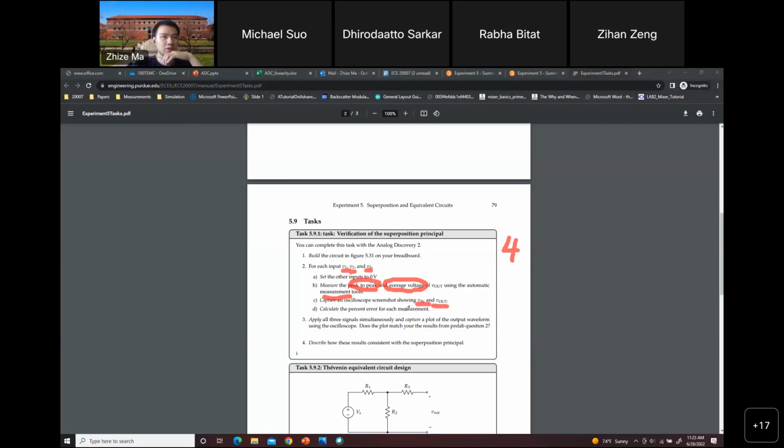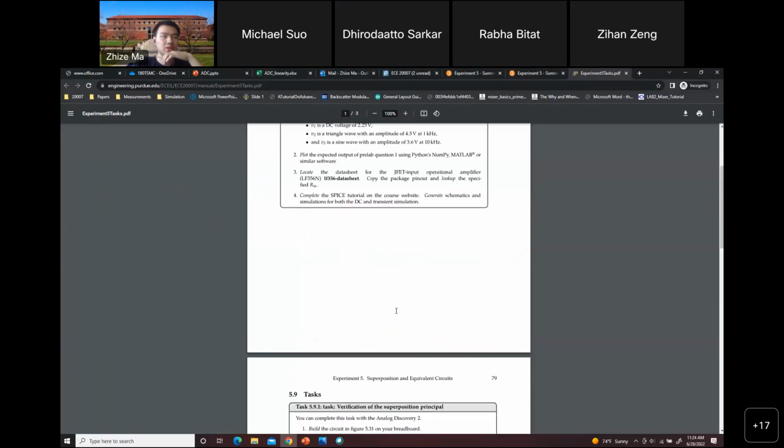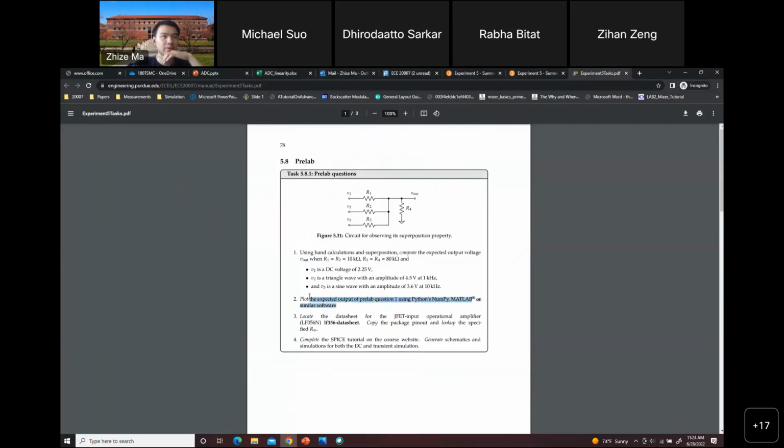Ideally, after you take the screenshot, the circuit or the output plot should be similar to what you got from the pre-lab.